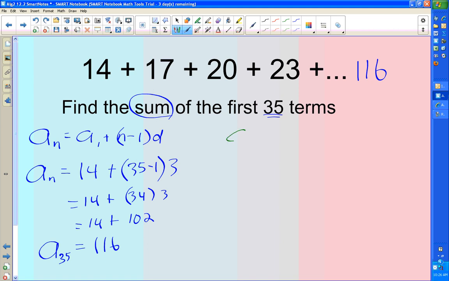The sum, again, write the formula down every single time, and you'll know your formulas by tomorrow. But you want to write them down because tomorrow we do an explicit formula and a sum formula, and the patterns are kind of similar. So you want to make sure you're dialed in. This is the sum of an arithmetic sequence.